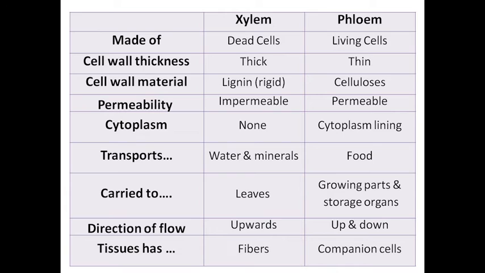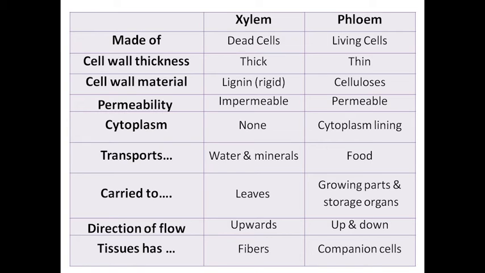Now again, how to remember these points? See, I have given the table. Through one table you can learn the xylem and phloem easily. So what you have to do? If the question is to write a note on xylem, first you have to write that xylem is made up of dead cells, and phloem of living cells.